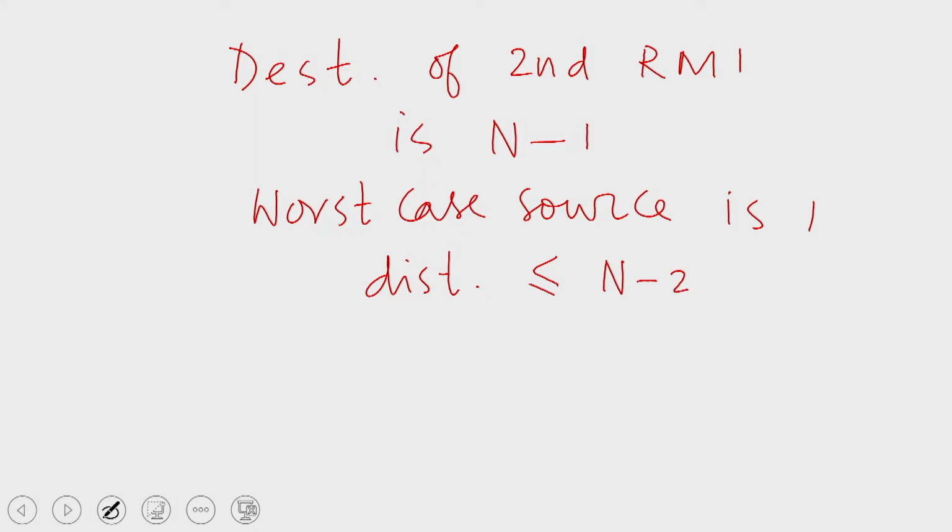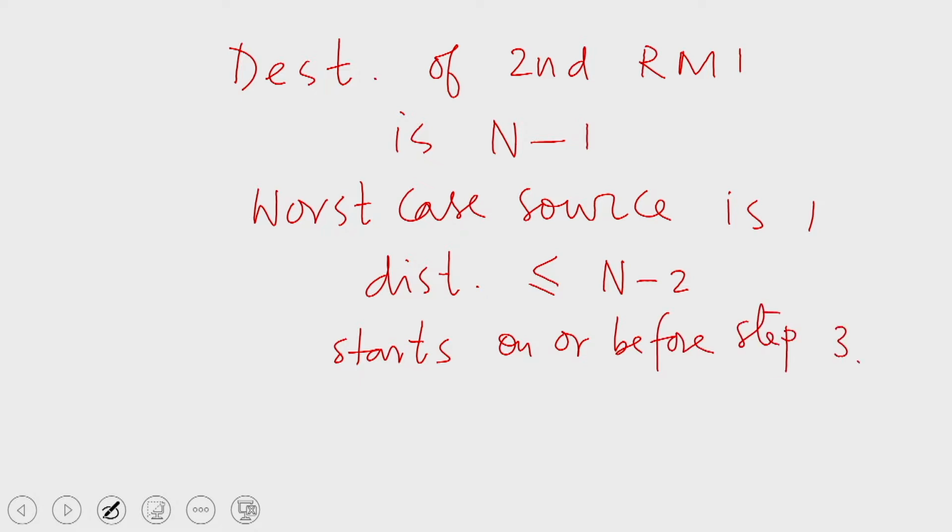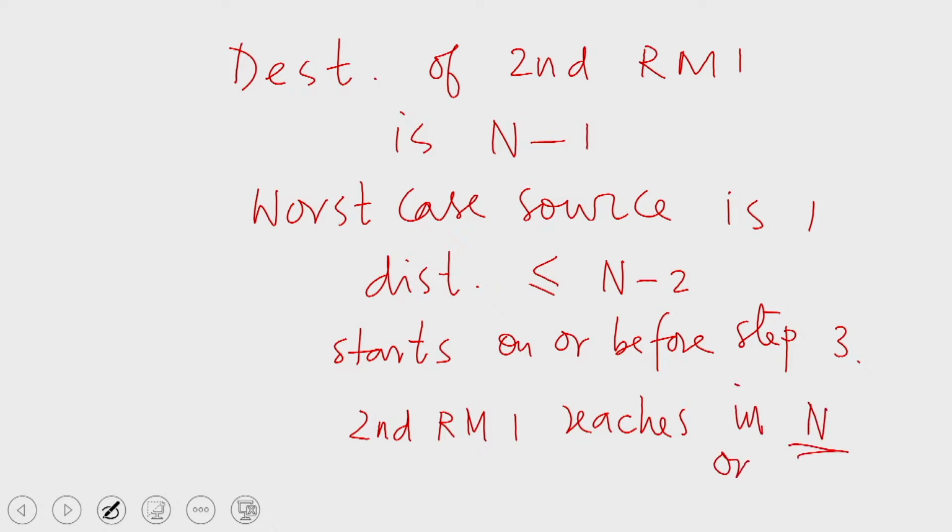Now, what we have established is that it will start moving from the third step, that is latest by the third step, therefore, what we know is that even the second rightmost one reaches its destination in step n or earlier.